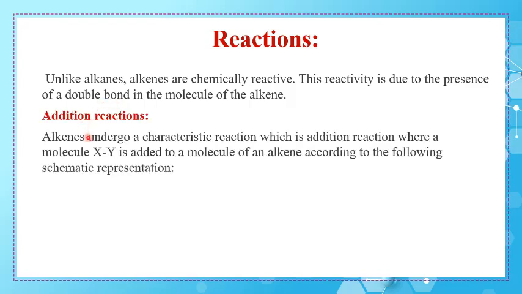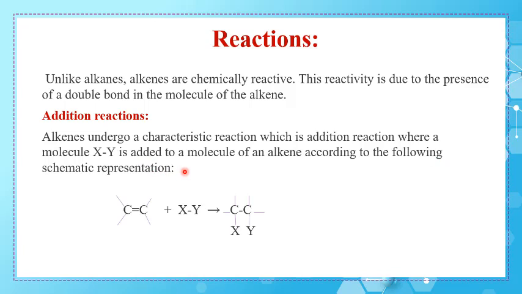Addition reactions. Alkenes undergo a characteristic reaction, which is the addition reaction, where a molecule XY, which can be H2, Cl2, Br2, HCl, HBr, and others, is added to a molecule of an alkene according to the following schematic representation.